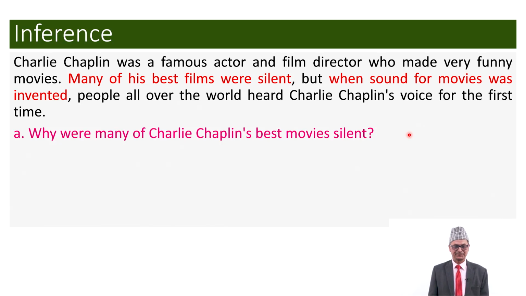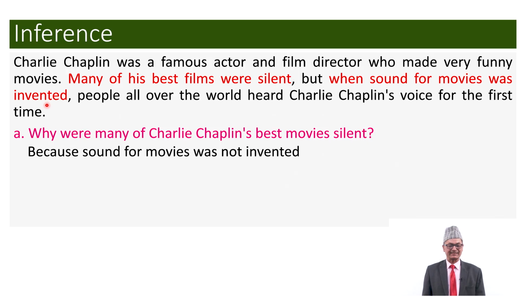What's your answer? The answer is not directly given there. The answer is hidden. Earlier I told you about the clues and evidence. So, what's the clue given there? Look, silent here. Many of his best films were silent when sound for movies was invented. That's a clue. So, what's the answer? Because sound for movies was not invented earlier.